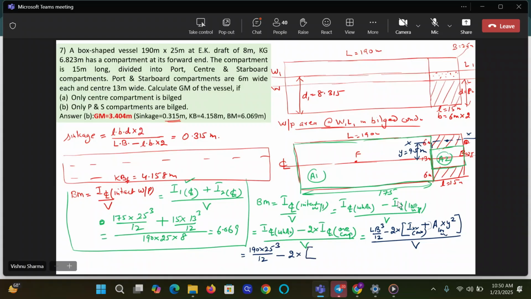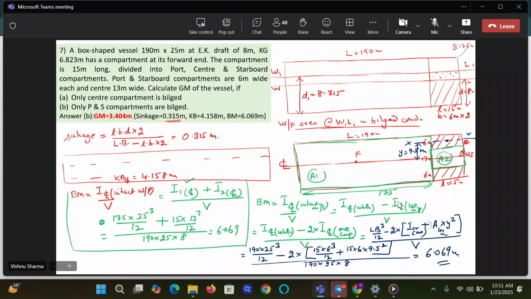Divided by Ixx of one compartment, which will be 15 into 6 cube by 12 plus area of one, 15 into 6, into y square, which is 9.5 square, divided by 190 into 25 into 8. And when you solve this, it will give you the same answer back, guys.